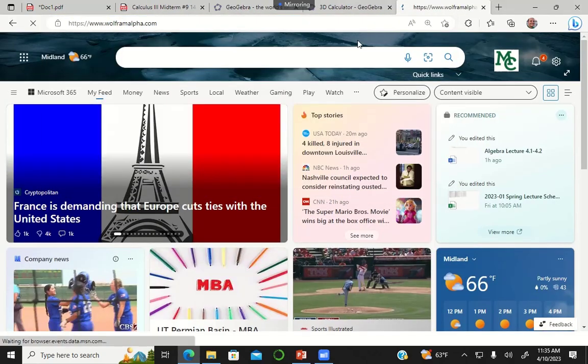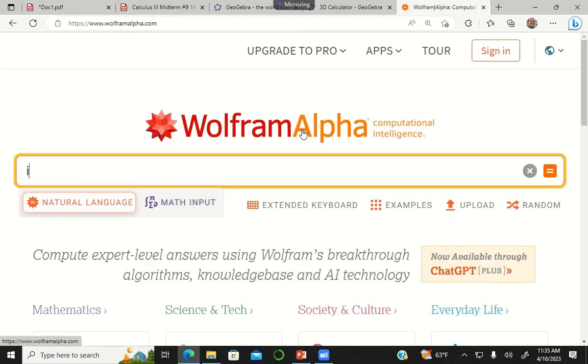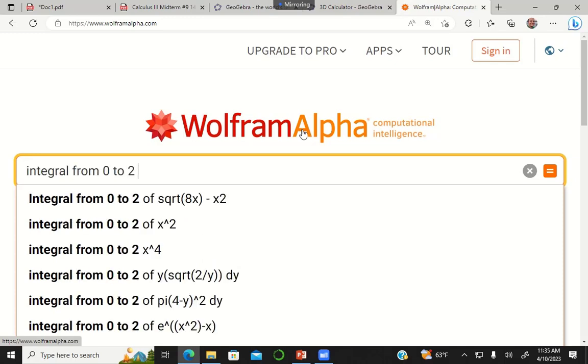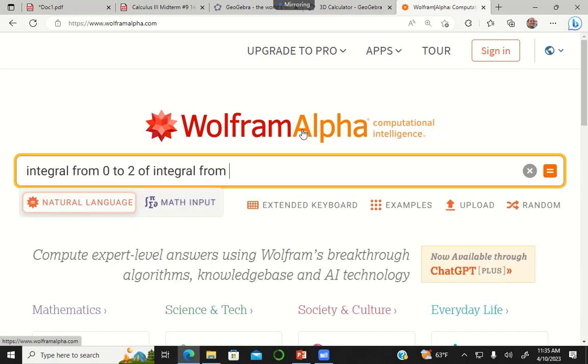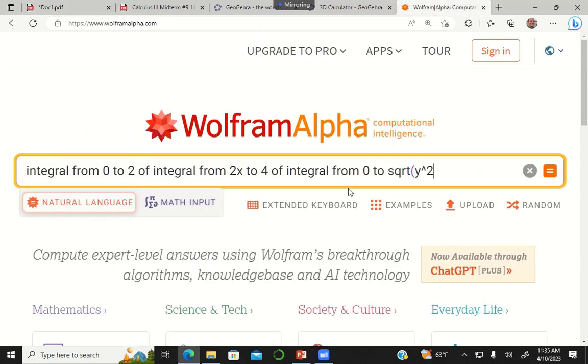And so let's take the integral from 0 to 2 of the integral from 2x to 4 of the integral from 0 to square root y squared minus 4x squared of 1, and then the order was dx dy dz.